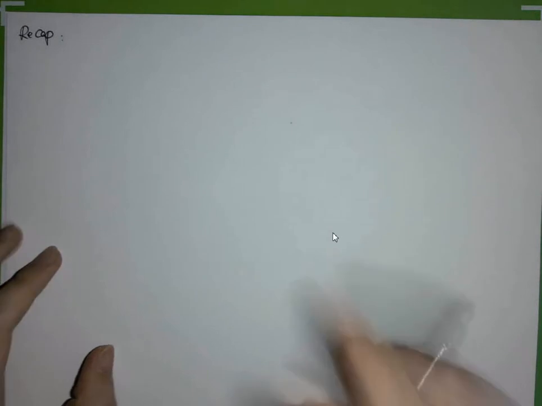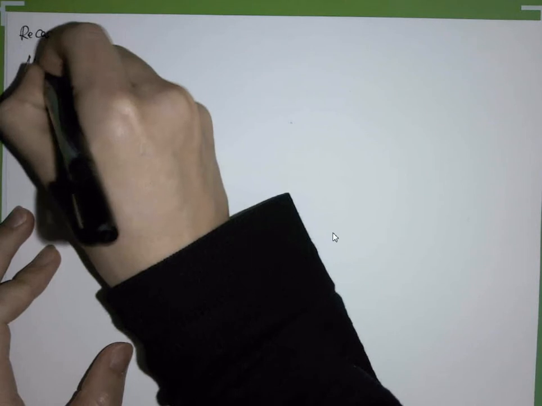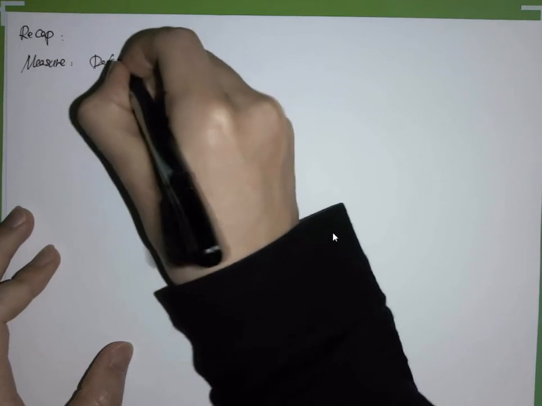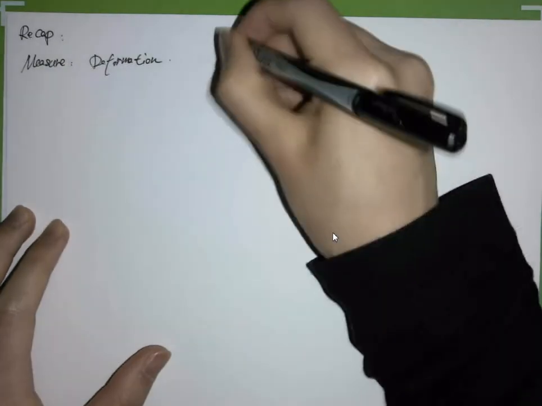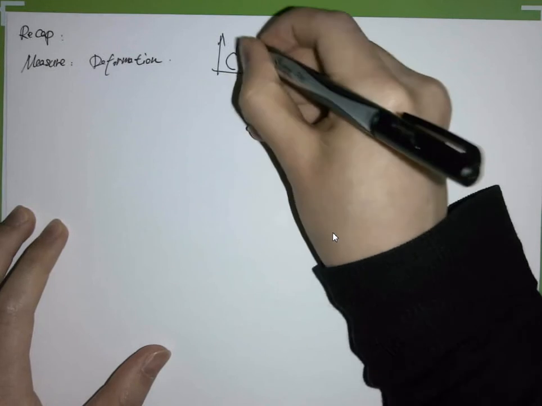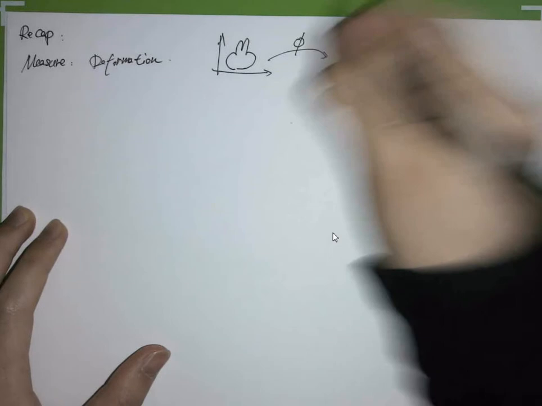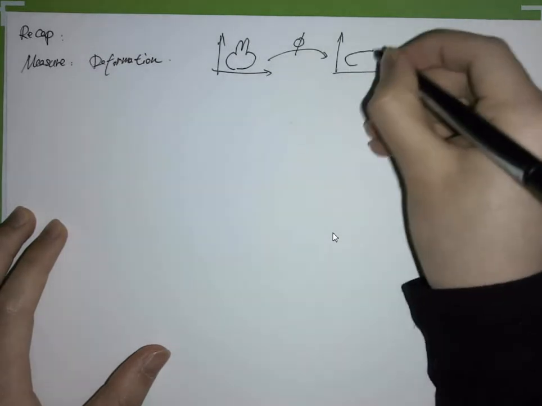So in last class, we measured the deformation of an object by using the deformation gradient. Say I have an arbitrary object, like a bunny shape, and under some deformation function phi, it goes to a deformed bunny shape.